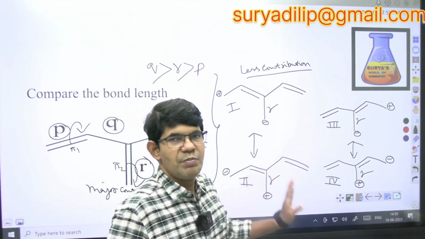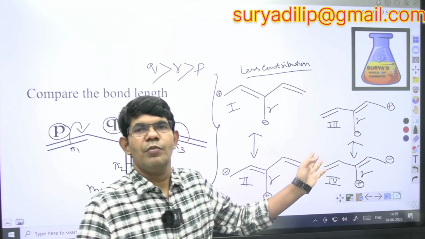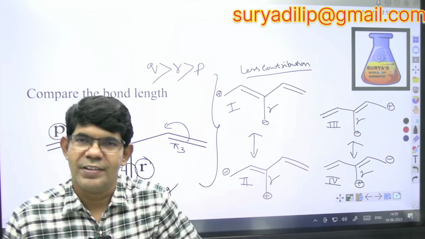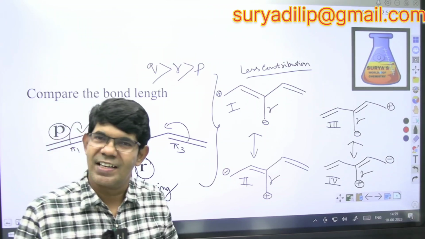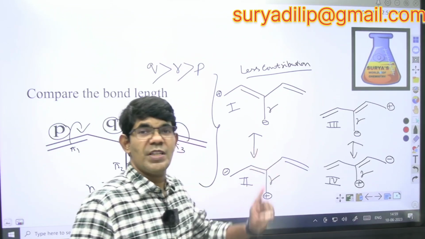All these are charged species. Definitely their contribution will be relatively less for the resonance hybrid. Is that clear, guys? This is where the students make mistakes.